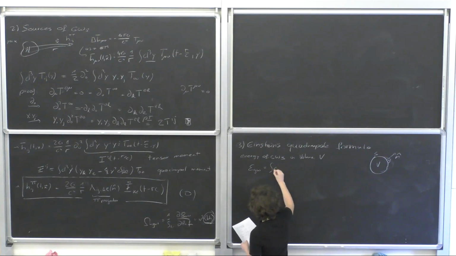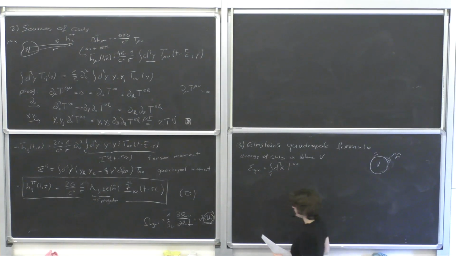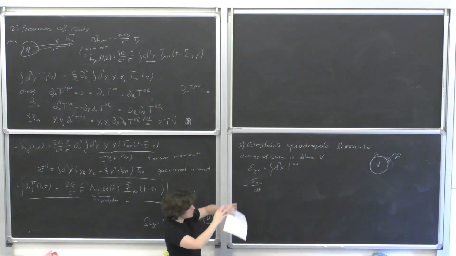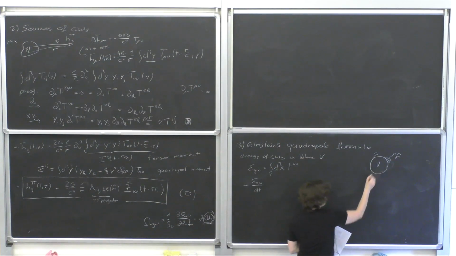So I'm going to do an integral over this volume of T00, the energy density. And because at the end of the day we want to compute the power, we then take the time derivative. So we're computing the emission of energy, the emission of gravitational waves from some source located inside this volume.